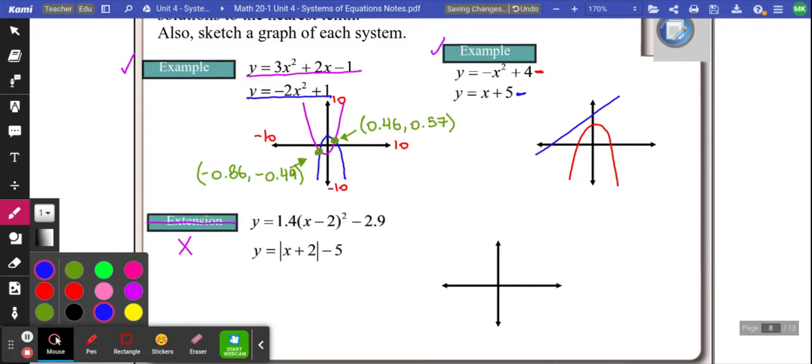Let me double check this. So in your y equals, you have negative x squared plus 4. Make sure you have a negative, not a minus. So the negative is beside the decimal. And then in your y2, you have x plus 5. You graph that, and you have exactly what I drew, almost to a T.